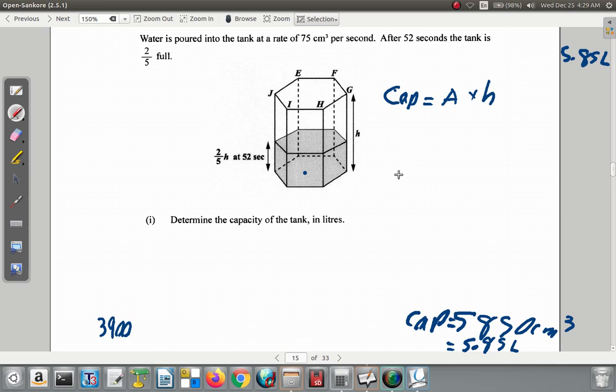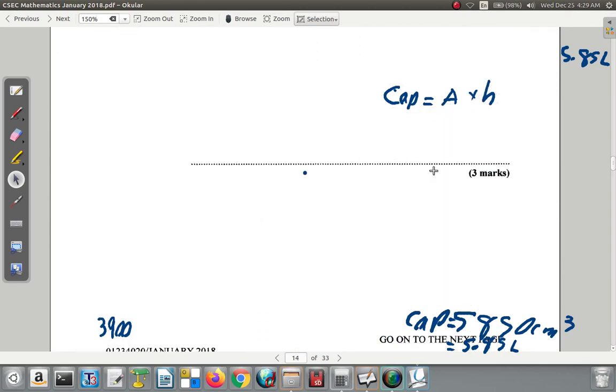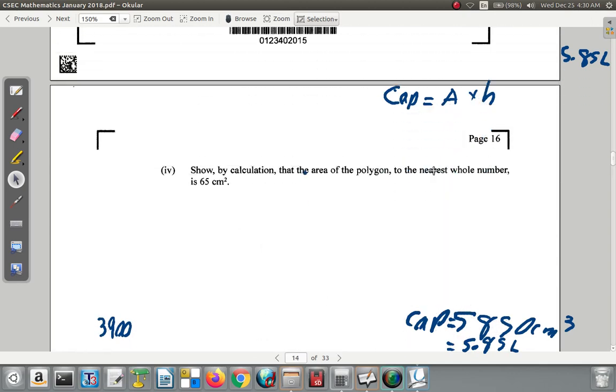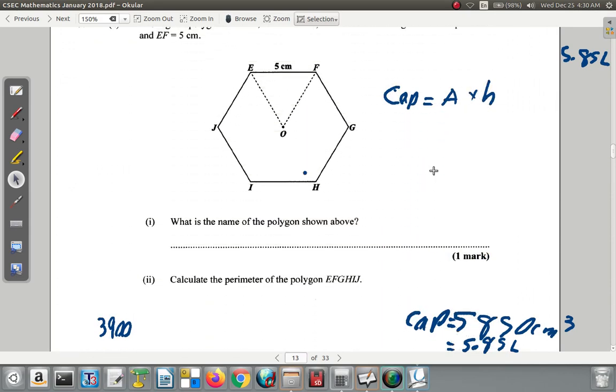Now, what was the area again? Let's look back at what we did earlier. I'm looking back because I don't remember. I didn't write it down somewhere. So what was it again?